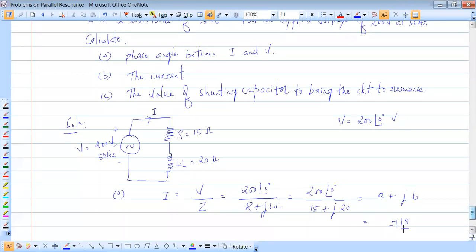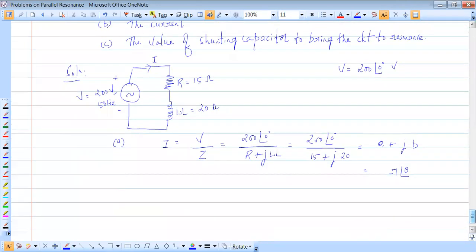Everybody understand that? You know how to do that? If you get the answer in A plus jB form, how do you put that in R theta form? I'll be talking about that. You have to arrange for calculators. We'll be taking that up when we start the first module with KVL and KCL.